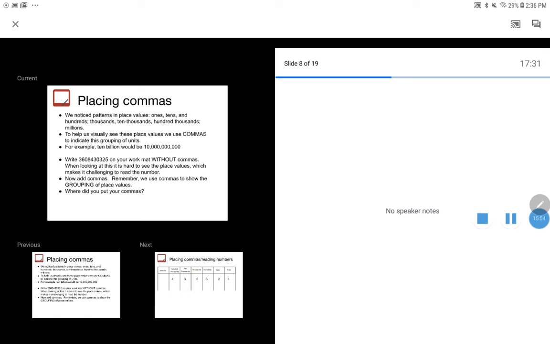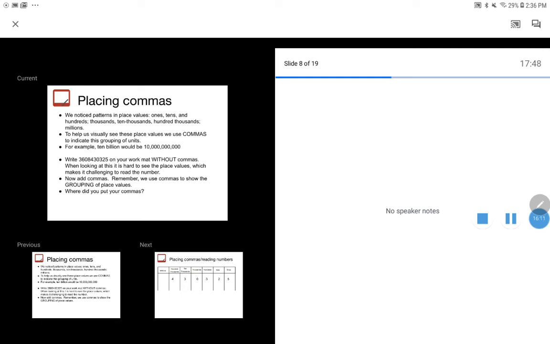Now I can read that number. That number is 3,608,430,325. It makes it a lot easier for me to see those numbers.